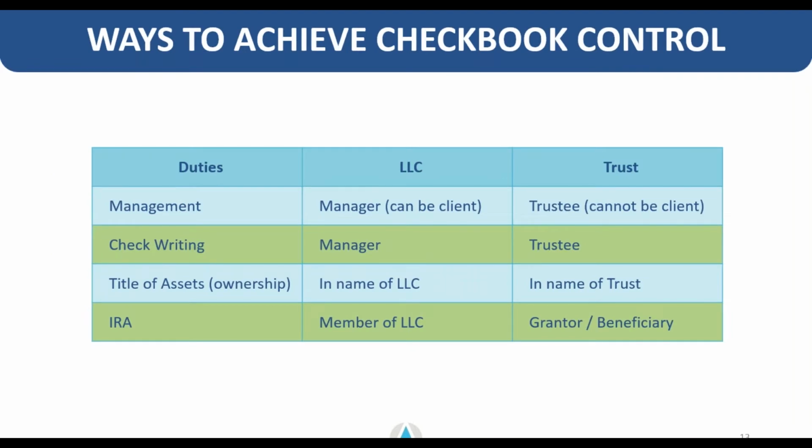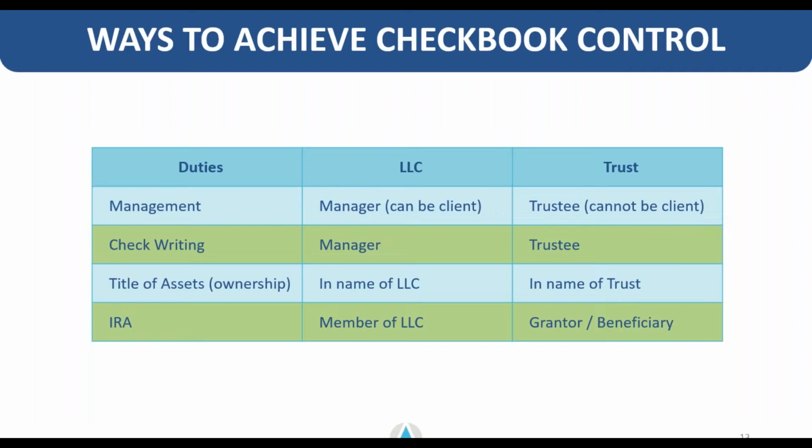Now, there are a few ways to achieve checkbook control. Some of the common ways are just setting up an actual LLC managed by your retirement account, or a trust specifically is also used in some cases, not as often as the actual physical LLC. And then, as Alex mentioned, we do have a solo 401k product, and there is an option with our solo 401k product to inherently have checkbook control without having to establish an LLC.